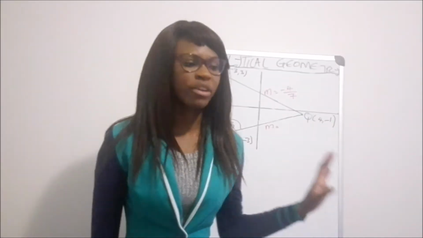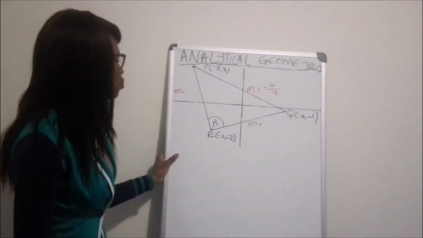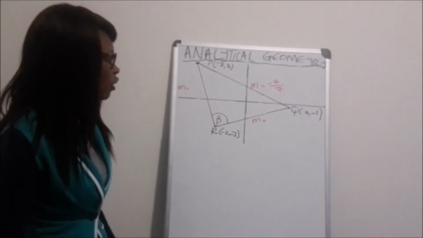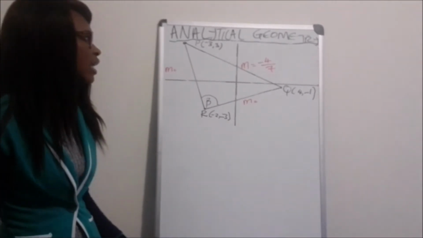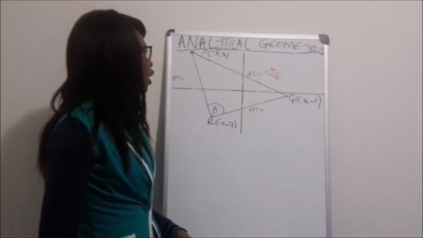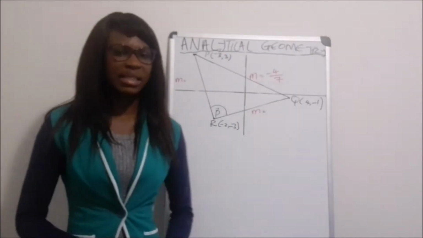Alright guys, we have a question here with a triangle PQR, and we are given the coordinates of the 3 points in the triangle. Another thing that you are given is the gradient of line PQ, which is -4 divided by 7.